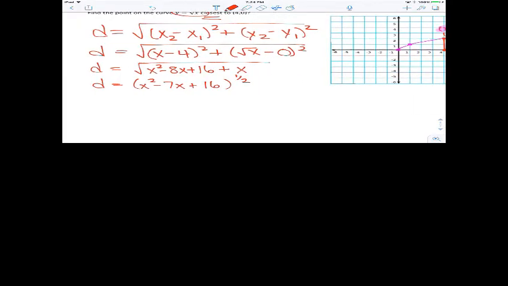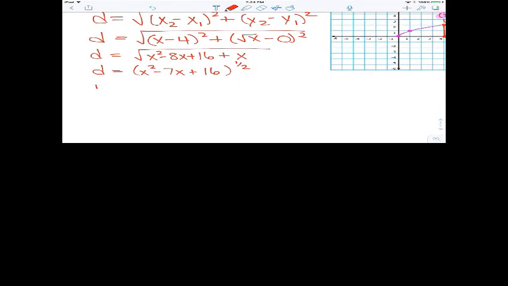Now, let's actually do a derivative of this one because sometimes this trips people up. So d prime would be, this is chain rule because you have an inside and you have an outside, right? So derivative of the outside, you're going to take the derivative, leave the inside alone, times the derivative of the inside, which is just 2x minus 7.